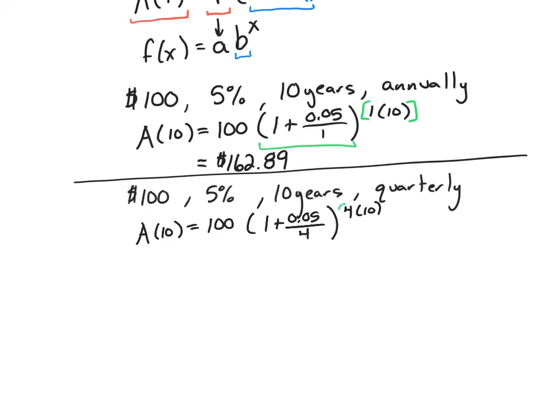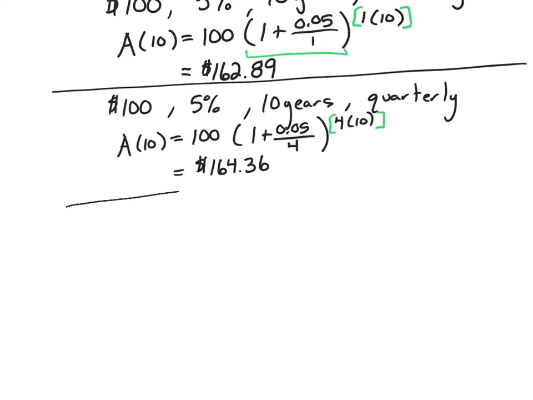Again, I'm going to put parentheses around my exponent, and then calculate the amount of money I'm going to have after 10 years. And this time I'm going to have $164.36.